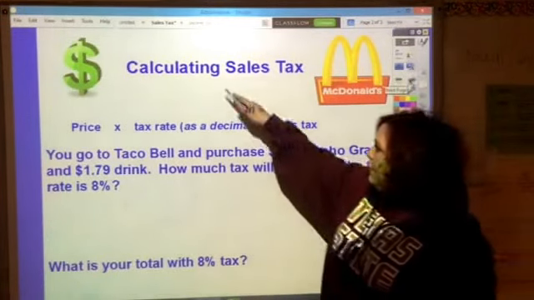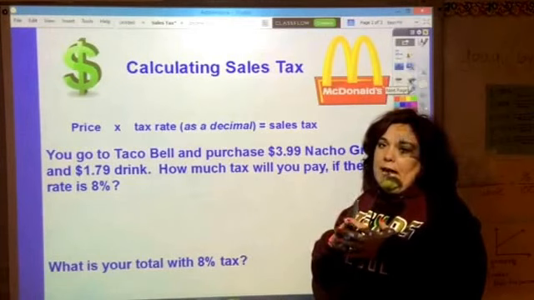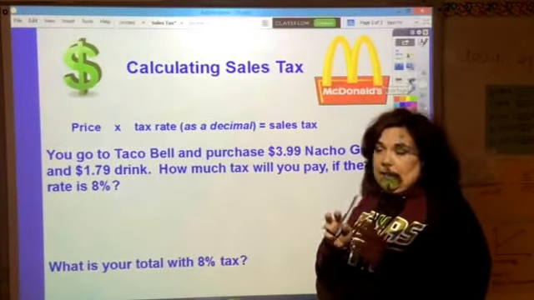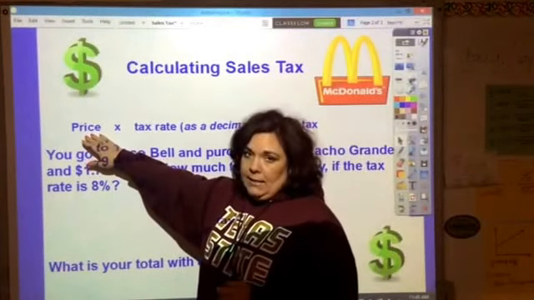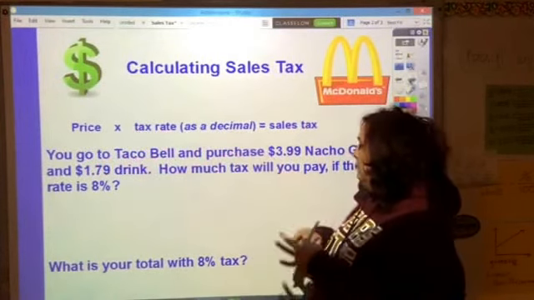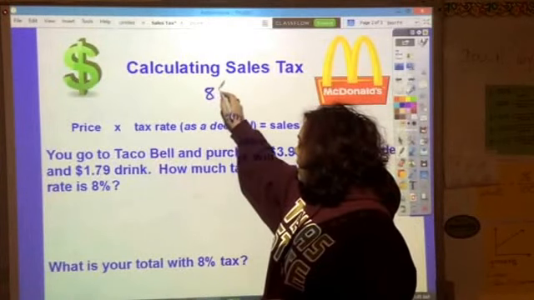So in calculating sales tax, that was my McDonald's story. So let's look at what happens whenever you go to purchase things that are taxable. You multiply the price of what you buy by the tax rate as a decimal. So in my example, it was 8%.